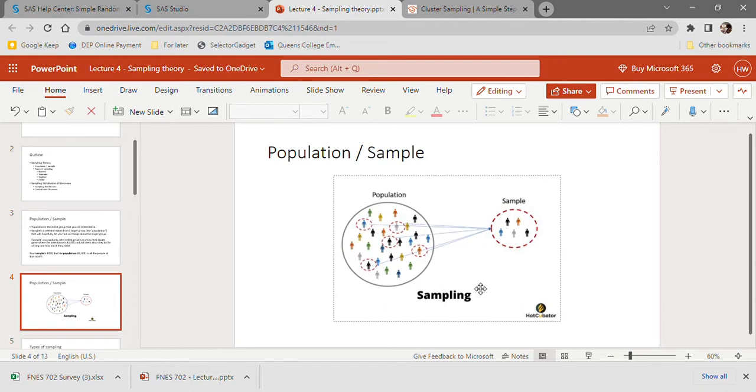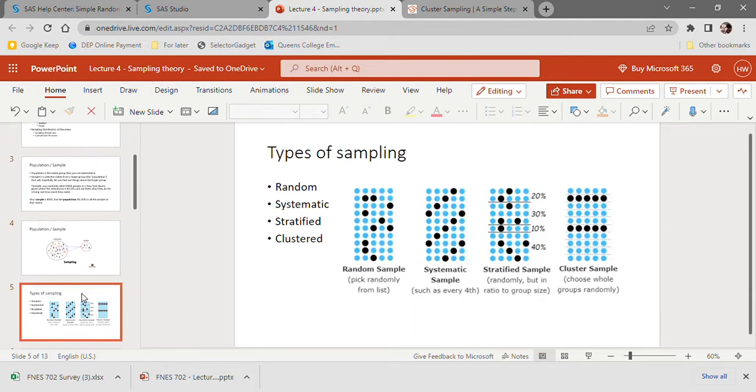Then we use some sort of sampling methodology to create our sample here. We get some information about these folks, and the goal is ultimately to take what we learn here and extrapolate it out to these folks right over here. What we really are looking for is good representation. We want everyone here to have the opportunity to essentially be in there. So that's foundational to this whole process.